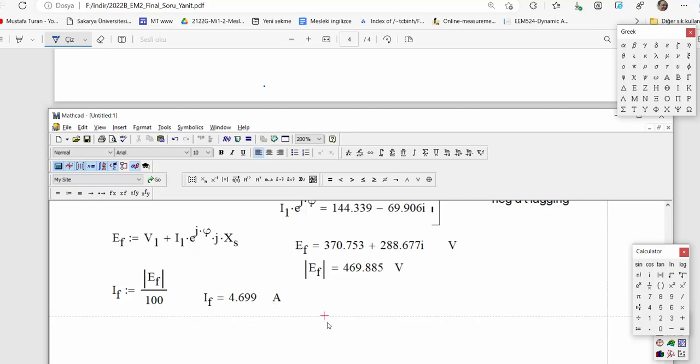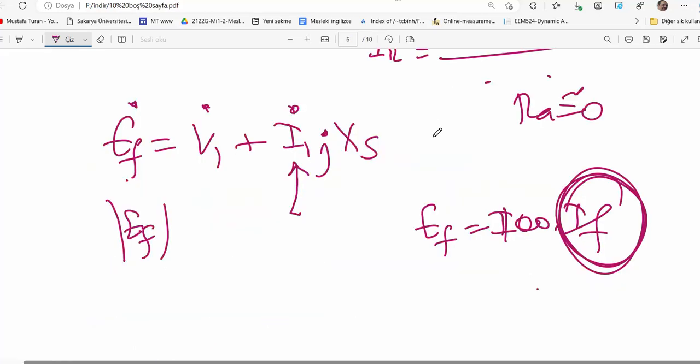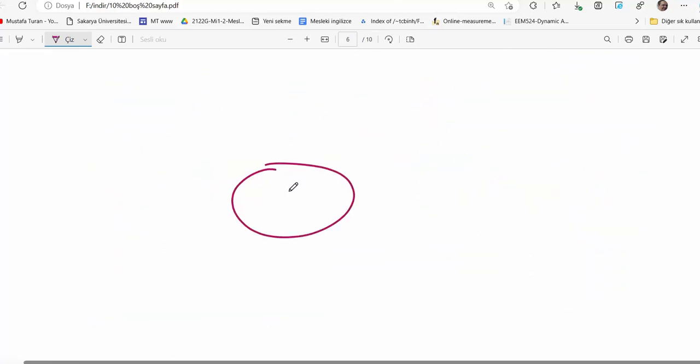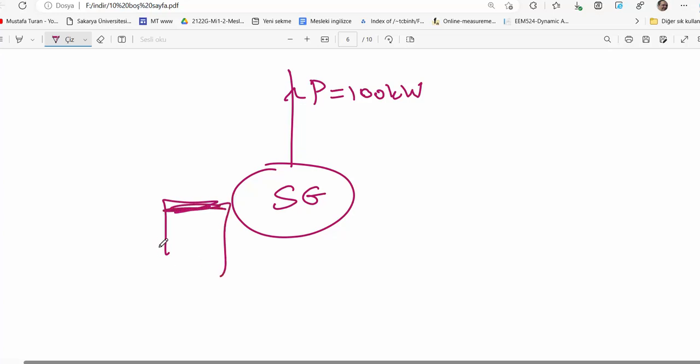When you excite the machine with such a current, ladies and gentlemen, here's a synchronous generator delivering some power, let's say 100 kilowatts. And then here's an excitation current. When you adjust the excitation current properly, reactive power would be 0, having full ohmic operation.